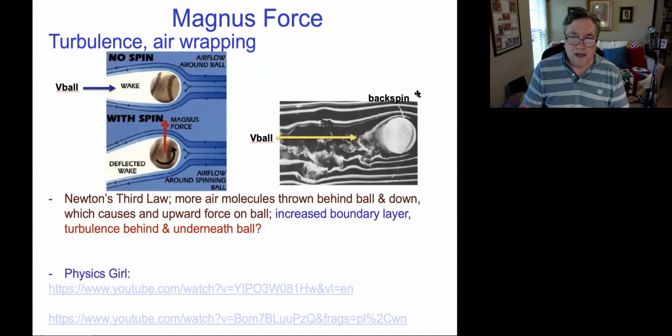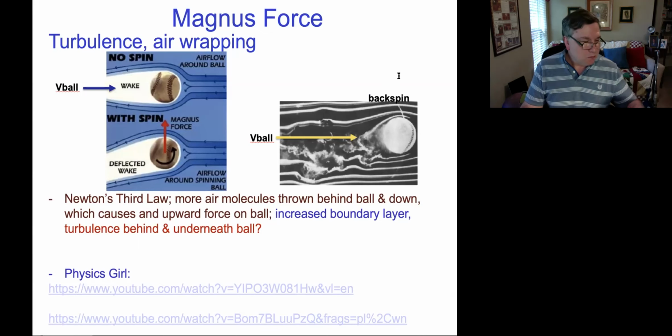We see air molecules being thrown down and backwards, and you can see more turbulence behind and underneath the ball. That's helping to increase pressure on the bottom of the ball and decrease pressure on top because the air is moving a lot faster, and because of these air molecules being thrown down, we have consequently this force up, which is going to maximize that Magnus force.